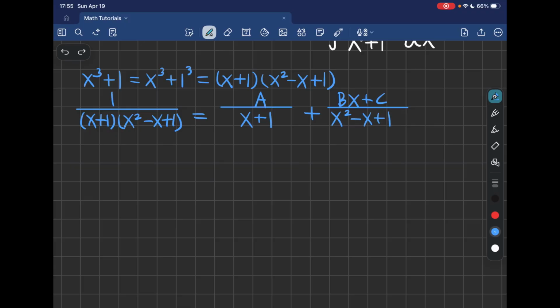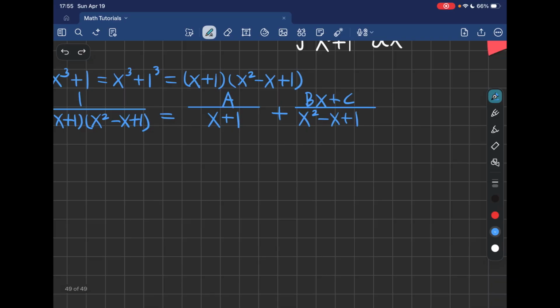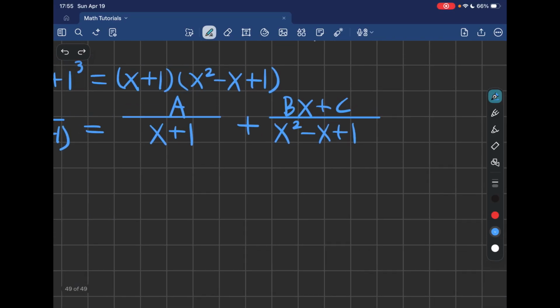So on top of this quadratic, we have a linear expression, where b and c are also constants. That's because if we multiply the denominator and numerator both by this quadratic expression, then the top will have the highest power of 2, right?